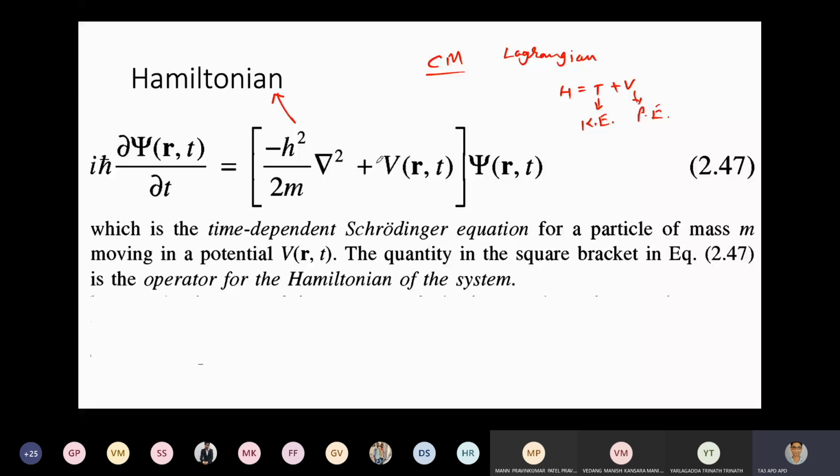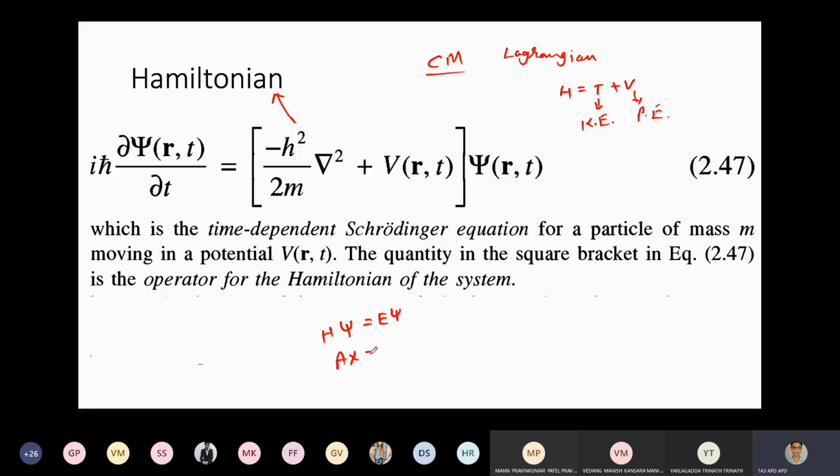And if you just replace this by H, and write the left hand side term as an energy E, then what you are going to get is H psi is equal to E psi. So this is actually a matrix equation.